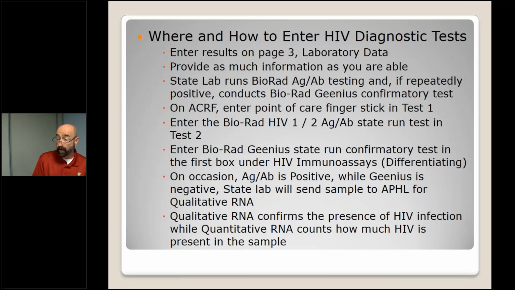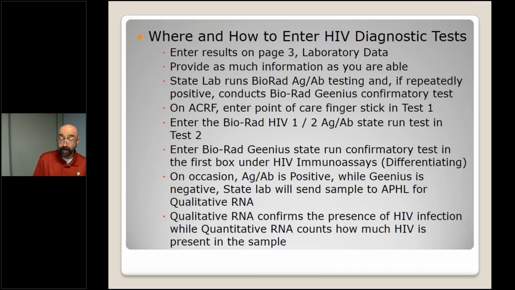So most of our county health centers are now doing finger sticks as the first diagnostic test for HIV. That needs to be entered in test 1 on page 3. The Bio-Rad HIV 1-2 antigen antibody state run test is now test 2. If you get a reaction to both of those, the Bio-Rad Genius state run confirmatory test will be entered under HIV immunoassays differentiating.